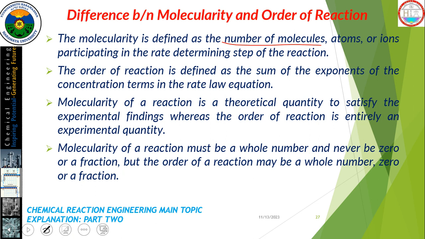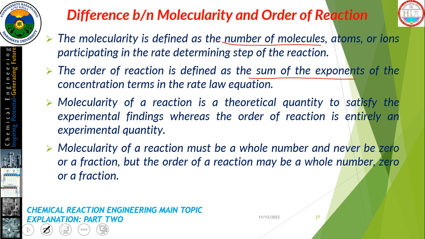The order of the reaction is the sum of the exponents of the concentration terms in the rate law equation. Normally, A plus A gives R. A is just participating in the reaction, but the power of the concentration term, 1 or 2 or n, is considered the order of the reaction.